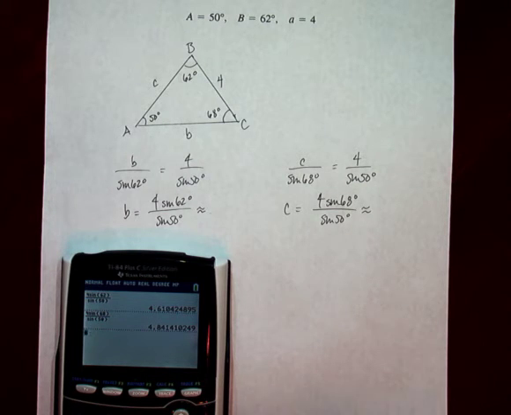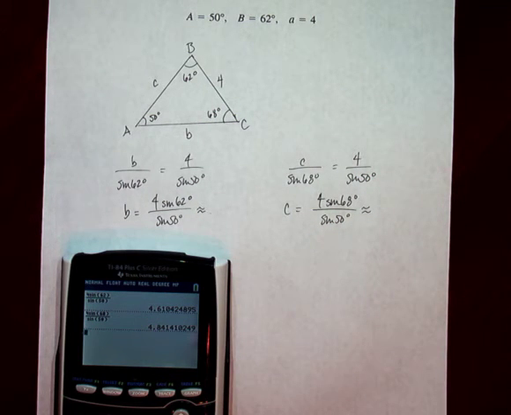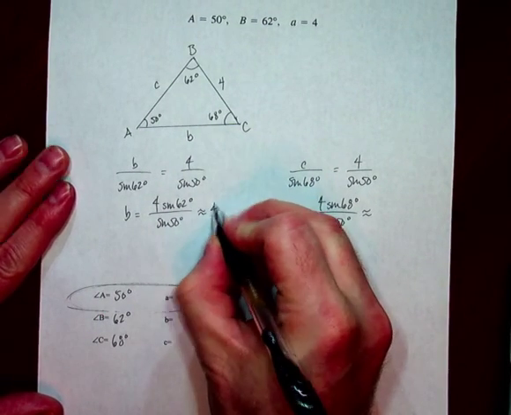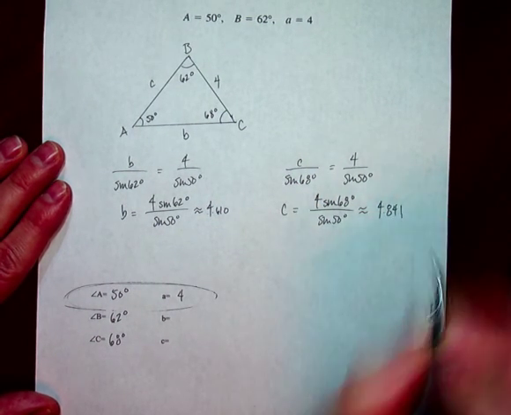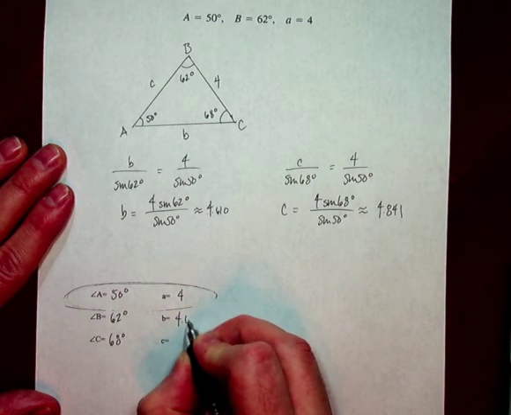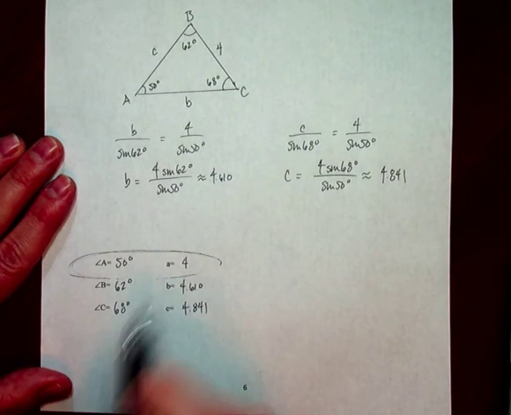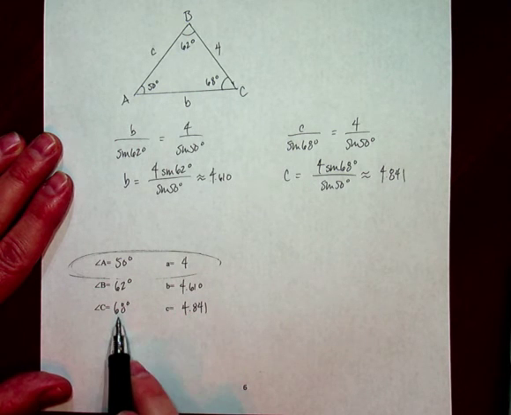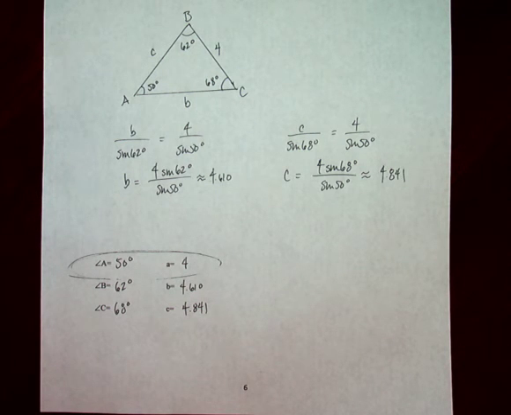They're all sort of in the 50 to 70 range, and therefore it shouldn't surprise us that the disparity between the lengths of the sides is not that much. But what we get here is B is 4.610 and C is 4.841, and those, despite the fact that they're all really close in value, do make sense because you still have the smallest side opposite the smallest angle, the largest side opposite the largest angle, and the middle side opposite the middle angle in terms of its measurement, okay?